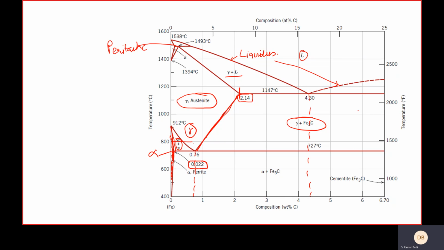So we have the peritectic reaction here, the eutectic reaction here, and the eutectoid reaction here. Okay, that's all in the first part of the lecture that we are required to understand, and we will continue this in our next lecture.